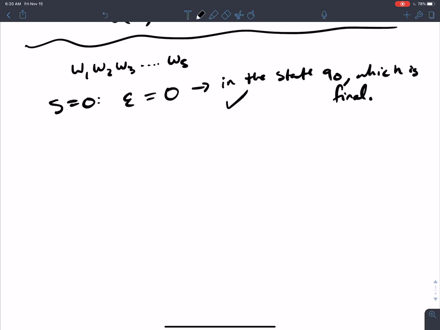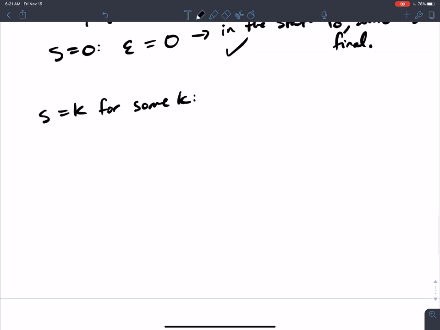So then let's just say that s is equal to k for some k. We want to show it's true for k plus 1, given that it is true for all s less than or equal to k. So it was true from 1 up to k, and we want to prove the k plus 1 case.